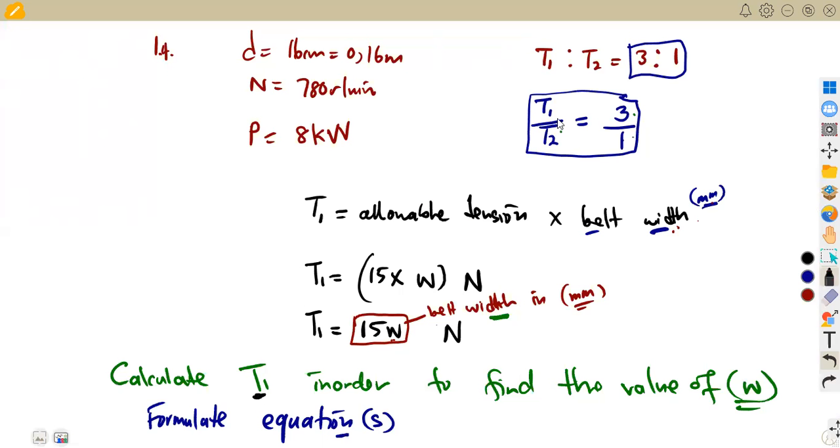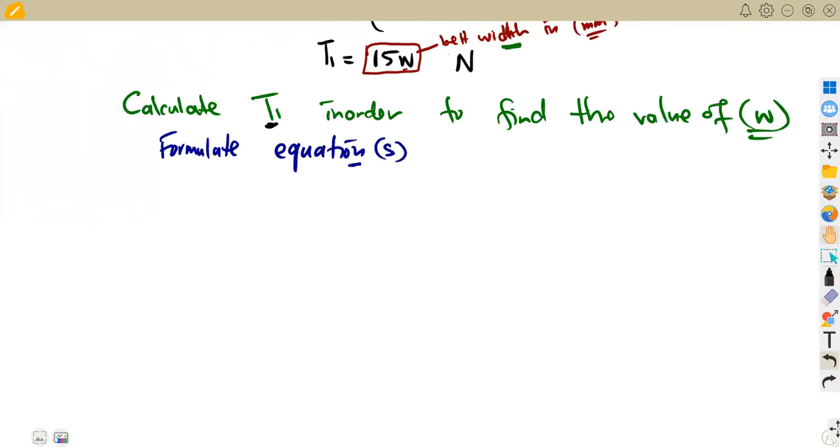The first one is taken from T1 over T2 is 3 over 1. If we cross multiply, it means that 1 times T1 is equal to 3 times T2, which is 3T2.